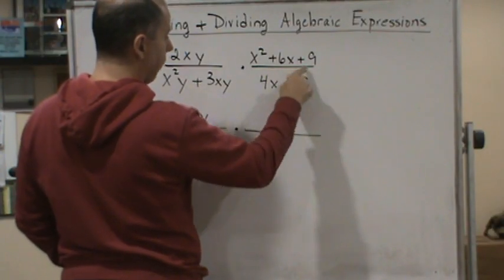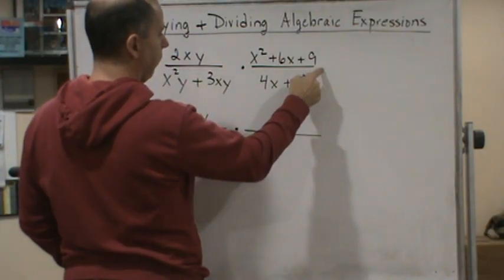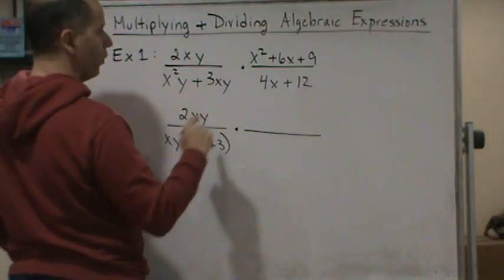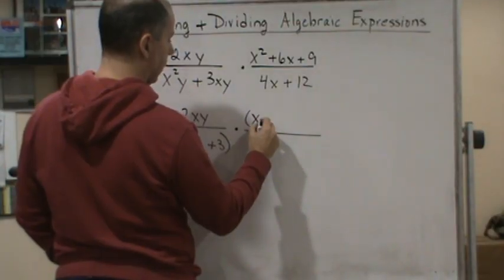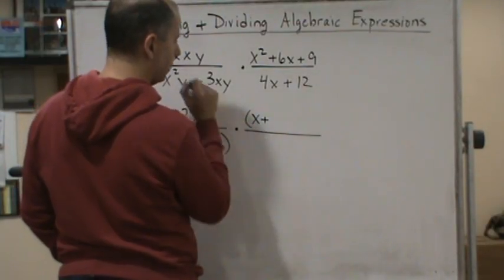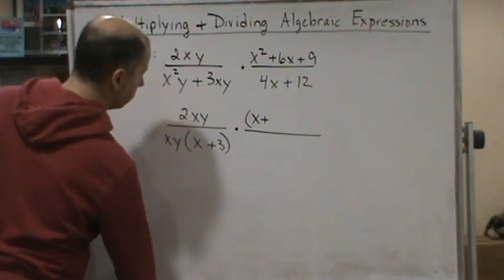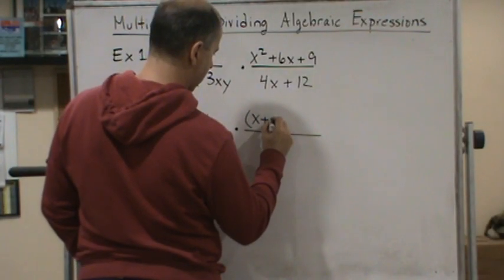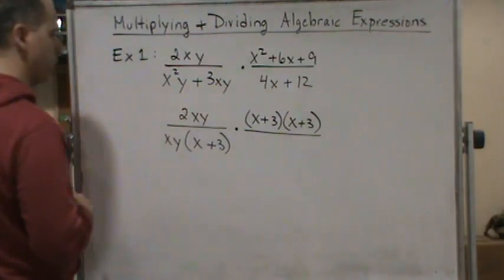In fact, I was going to say it's a perfect square, but hold on a second. Yeah, it is a perfect square. Let me just write it this way: x plus 3 times x plus 3.